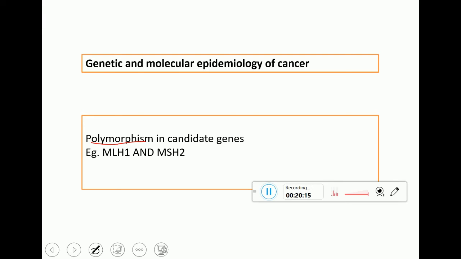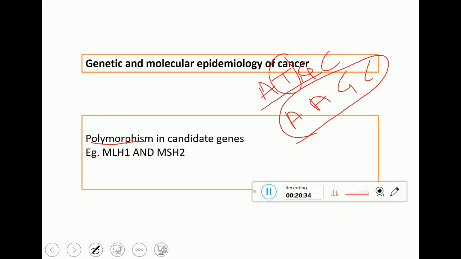Basically, if a gene is present in a particular individual, the sequence of the gene is, suppose, ATGC. Now, if a particular mutation happens and T is mutated to A, the sequence becomes AAGC. So this is known as the polymorphism of this particular gene.